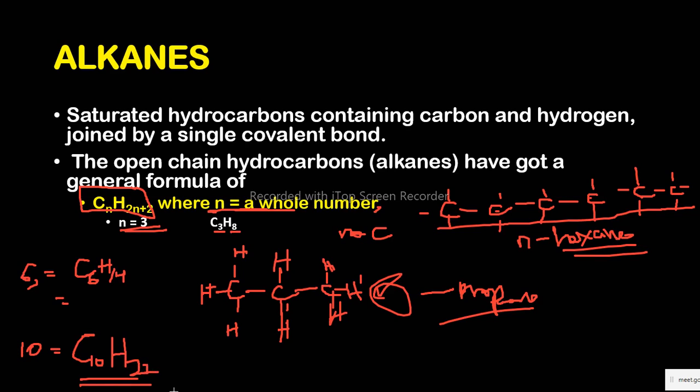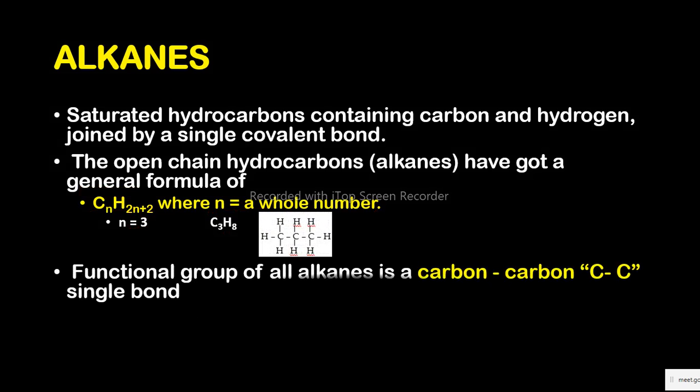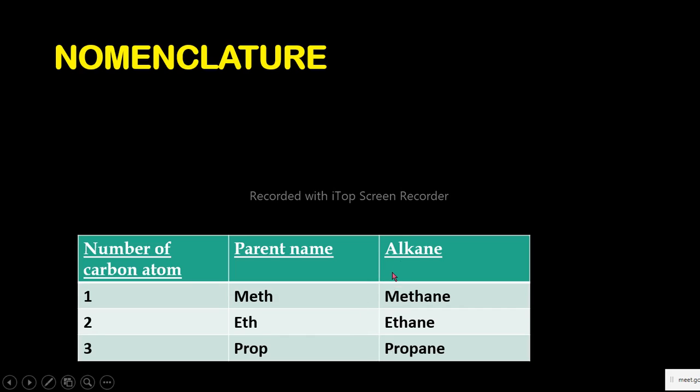And so on and so on. So that's how these alkanes are named. That's how their structure looks like. And like I said, the functional group is a carbon single bond, and all the four valence electrons of carbon are involved in bonding.